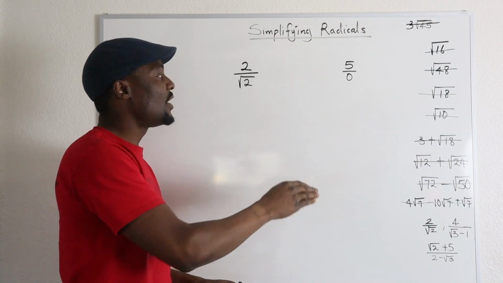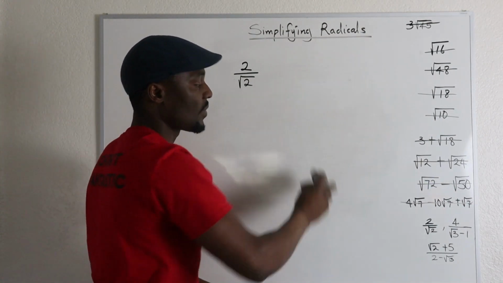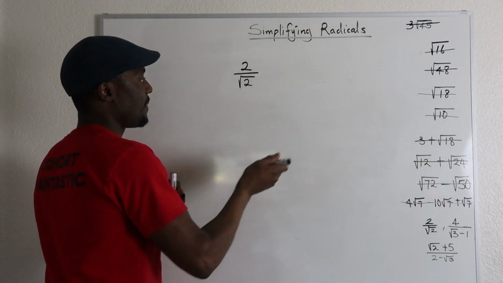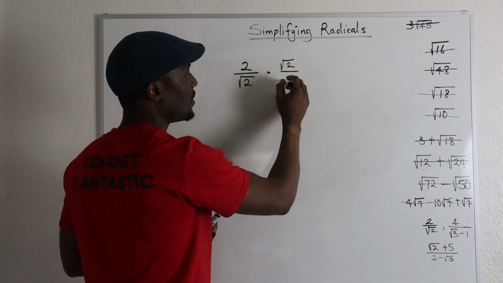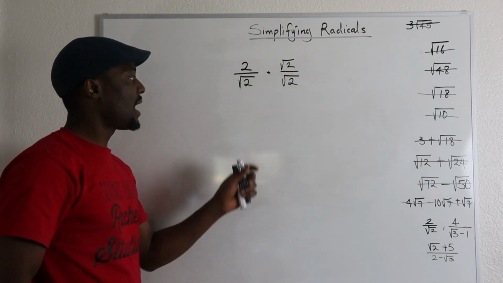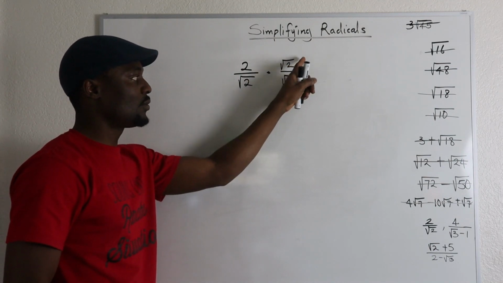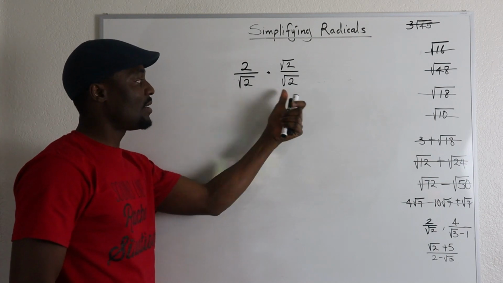If you do that, you're going to get rid of this. Let's see. So what we have is you multiply this by rad 2 over rad 2. Multiplying this by itself, you can see this will divide out as 1, so you haven't changed anything. You're just trying to get rid of this here.